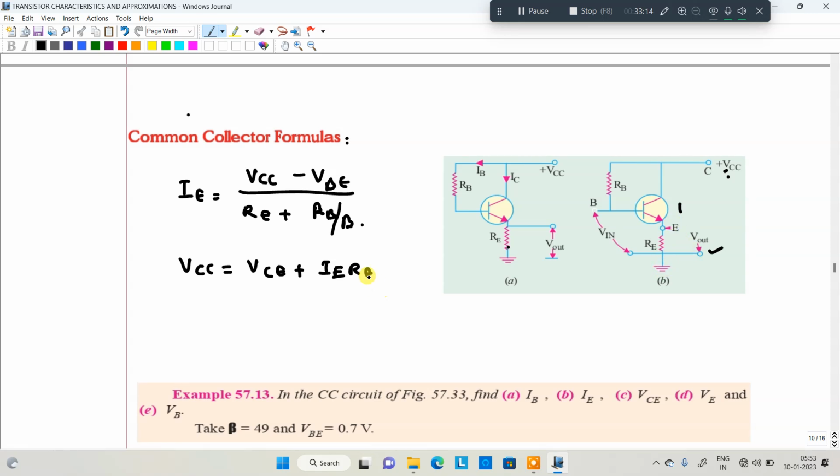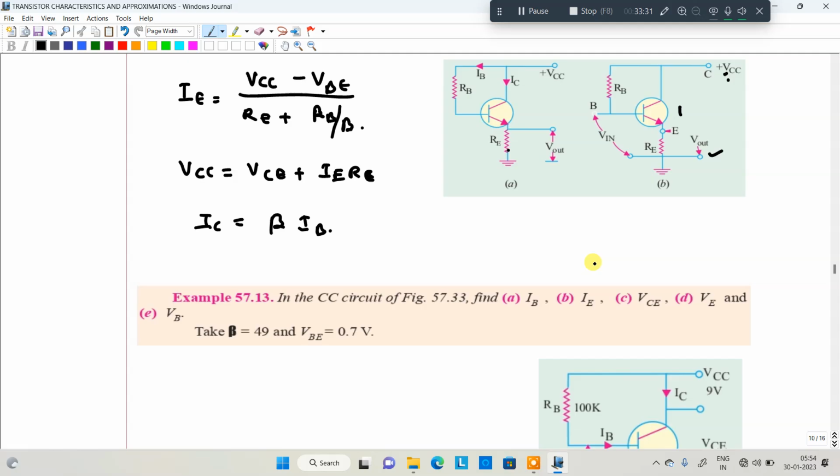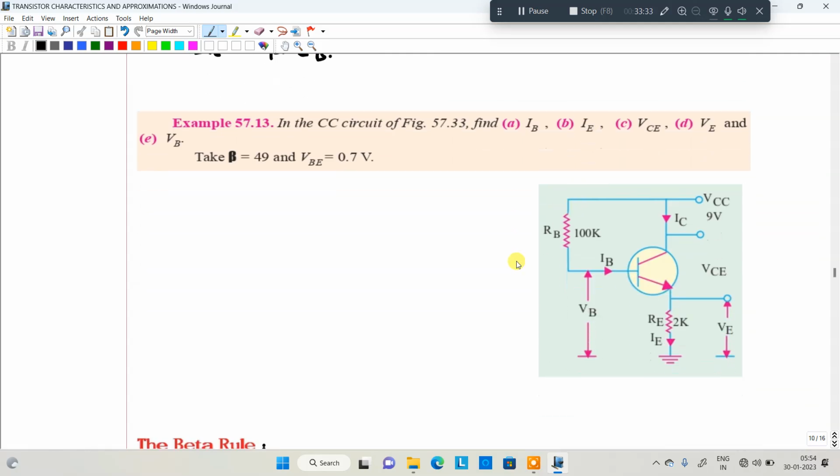That is about IE. Next, IC is equal to beta into IB. Those are the three formulas you need to remember. With the help of a problem, we are going to discuss this particular common collector configuration.